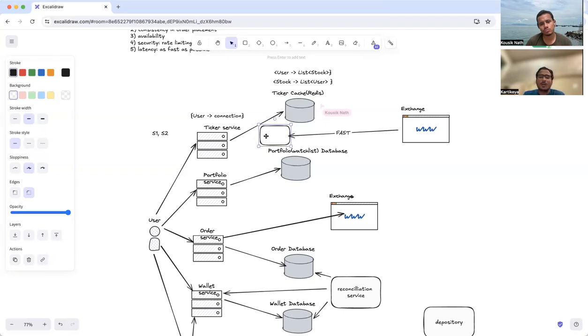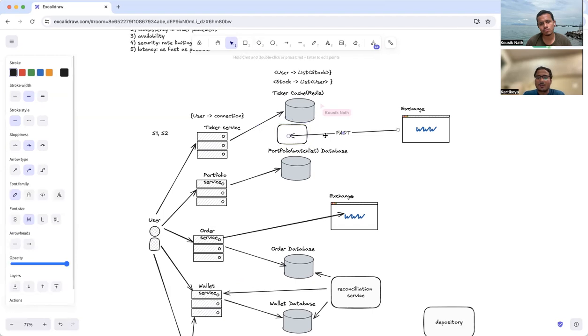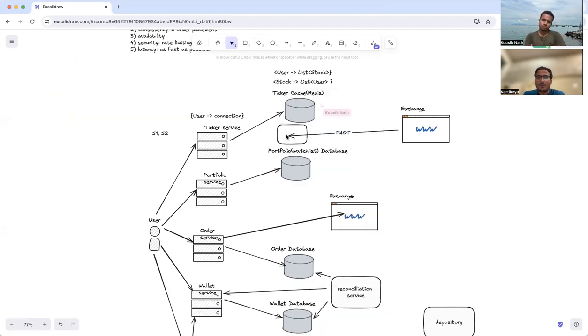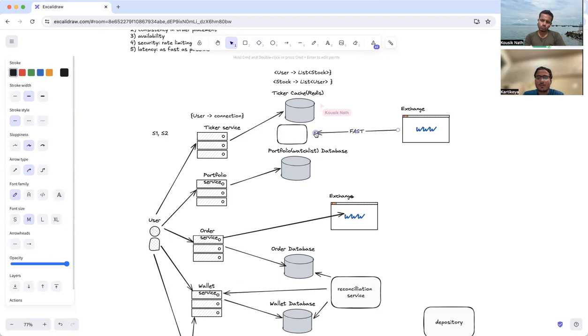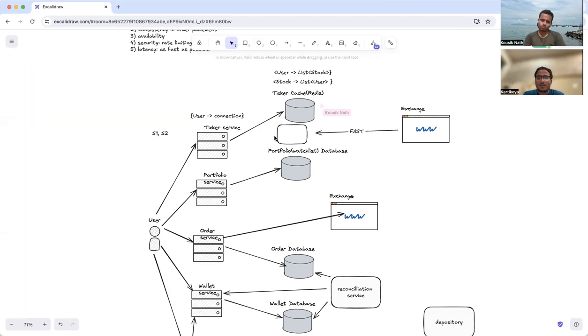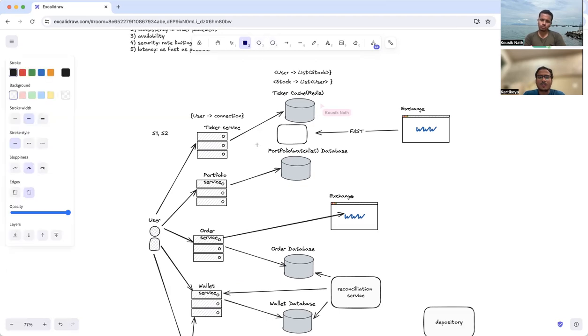A better way of doing it could be introducing a queue in between. This is my queue here, and this server publishes the data to this queue, and the queue will be subscribed by the servers.